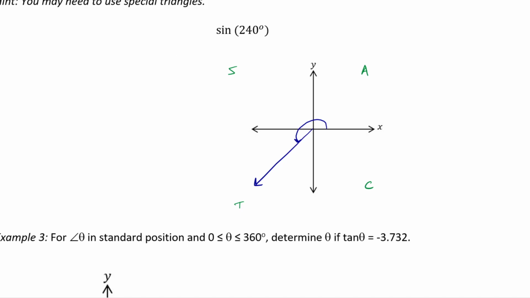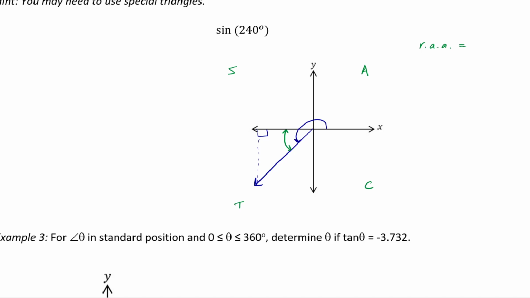To find the related acute angle in the third quadrant, and remember, the related acute angle is the acute angle that the terminal arm makes with the x-axis. And this helps us because it produces a right-angled triangle with the x-axis. So in order to find the related acute angle here, how do I find this acute angle?